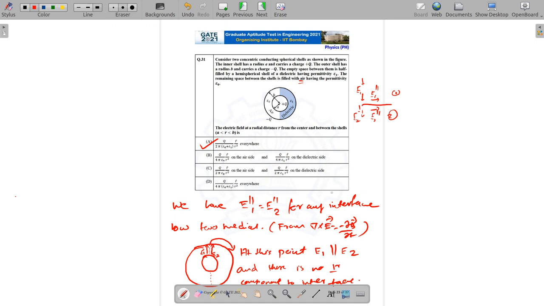you have the relation curl E equals minus dB/dt, Faraday's law of electromagnetic induction. When you change the magnetic field, there is an induced electric field.